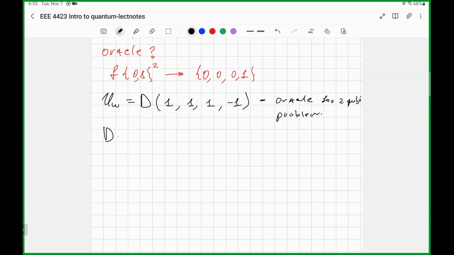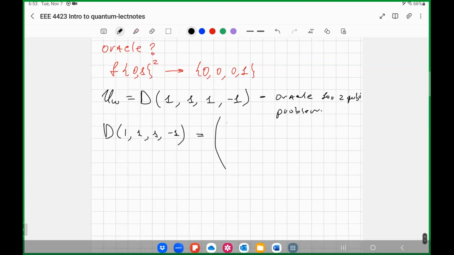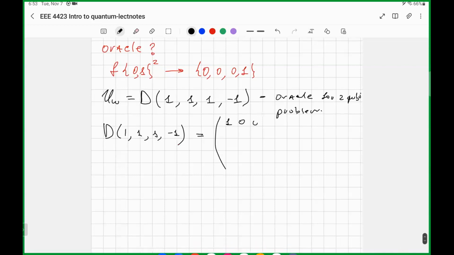If I present this matrix 1, 1, 1, -1 in its actual form, it's going to be 1, 0, 0, 0; 0, 1, 0, 0; 0, 0, 1, 0; 0, 0, 0, -1. Okay. So this is known as the matrix of the controlled Z gate.